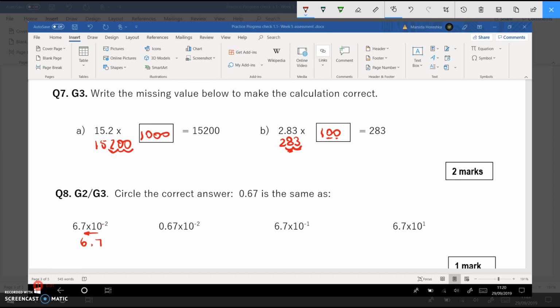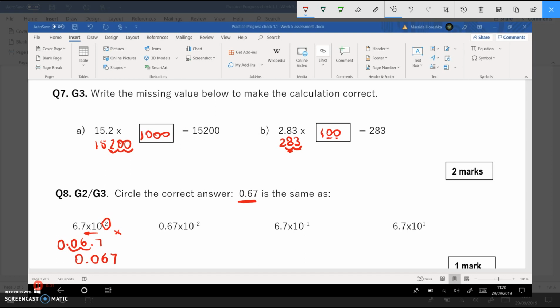And this tells us how many places, and that's 2 in the negative direction. So with the decimal point, we'll move 1 and then 2. So it's going to go here. So we fill this gap with a 0 and we put a 0 in front. So this becomes 0.067, and that doesn't match what we have in the question. So this is not the right option.